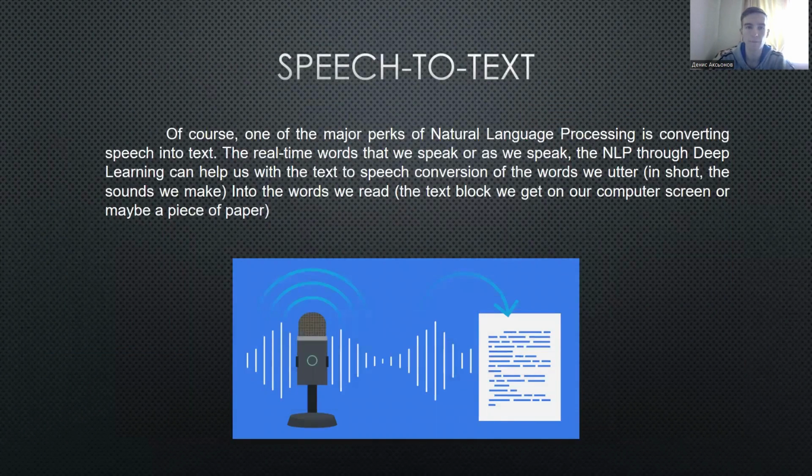Of course, one of the major perks of natural language processing is converting speech into text. The real-time words that we speak, as we speak, the NLP through deep learning can help us with the speech-to-text conversion of the words we utter into the words we read.